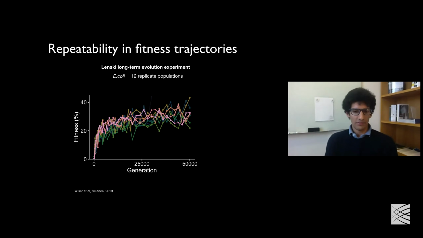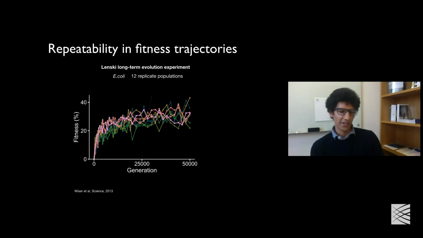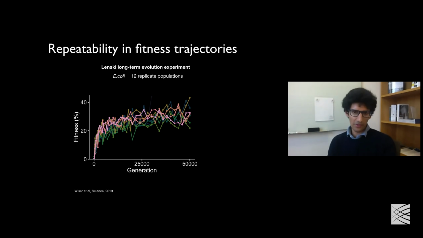Now, I realized as I was looking through Michael's talk that I'm going to be describing actually the same experiments, but it's helpful that Michael went through the actual details of how these experiments are done. So when we think about predictability in phenotypic evolution, the classic experiment that comes to mind is Lenski's long-term evolution experiment in E. coli. I'm not going to go into the details here.